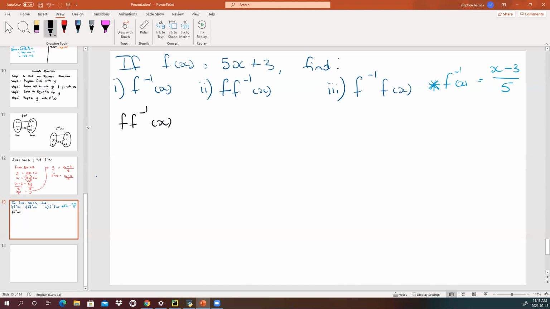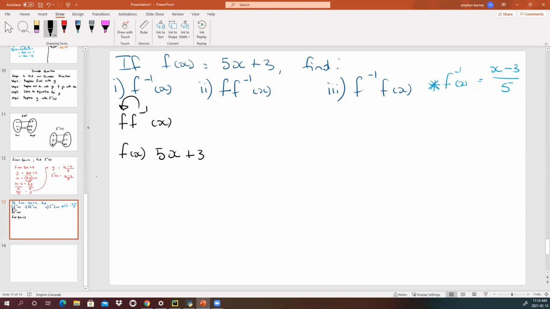This works the very same way like we were saying before, because this is now a composite function. So we're putting f inverse into the f function. So let's put down the f function first, which is 5x plus 3.